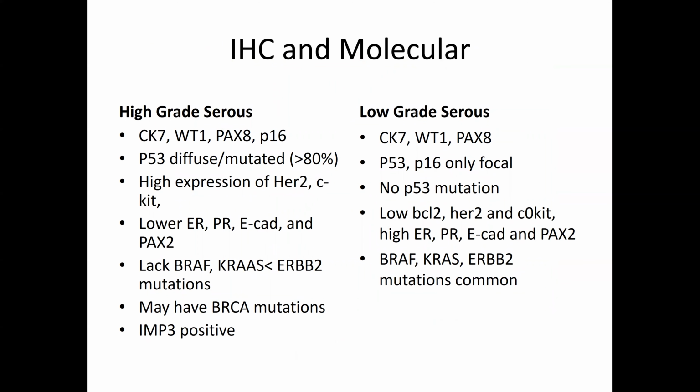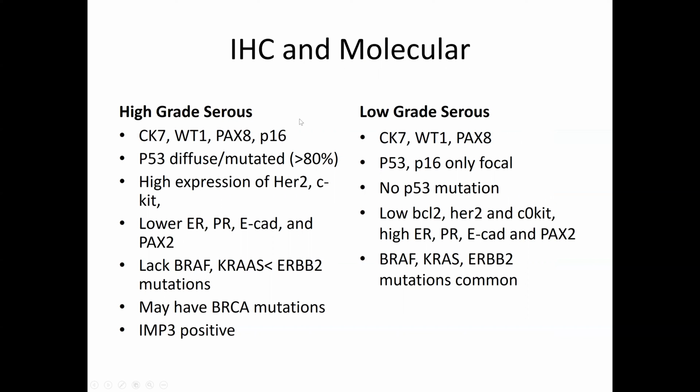Immunohistochemistry is very helpful in differentiating both low and high-grade serous carcinomas. So for high-grade serous carcinomas, we typically use a panel that includes WT1, PAX8, P16, and P53. And we may also include estrogen progesterone receptor. For low-grade tumors, we would include WT1, PAX8, P53, and P16, again, to look for the differentiation, because P53 will not usually be mutated in low-grade serous tumors, whereas the high grades are.